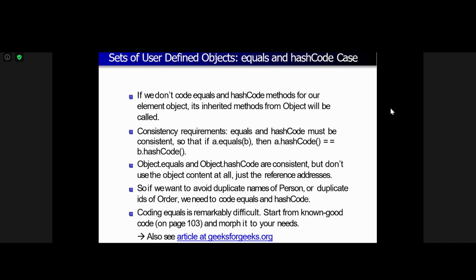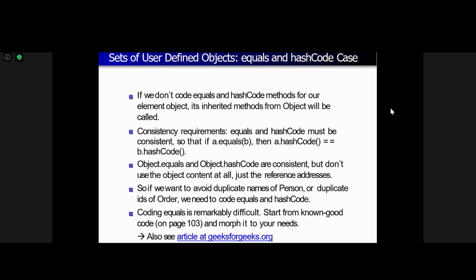So there's an incentive for us to implement our own equals and hashCode for BankAccount, so that we can make two BankAccount objects for the same ID and say they're equal, instead of having to say they're not equal because they have different memory addresses.